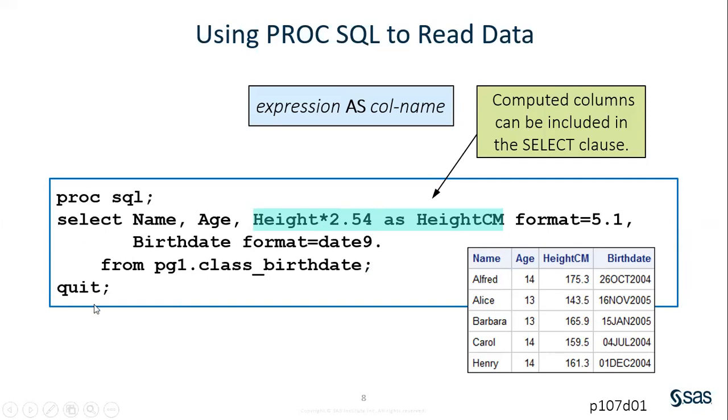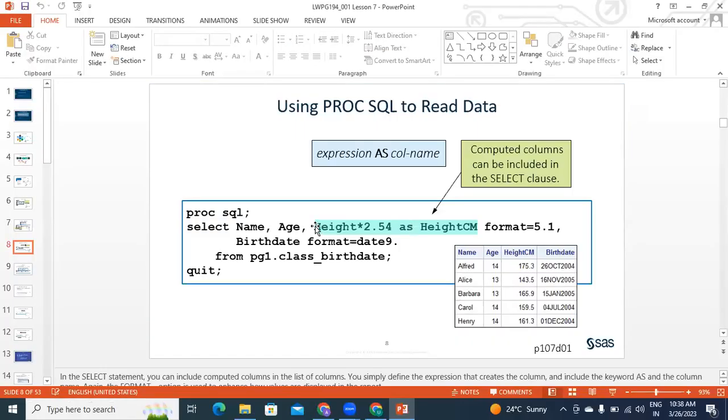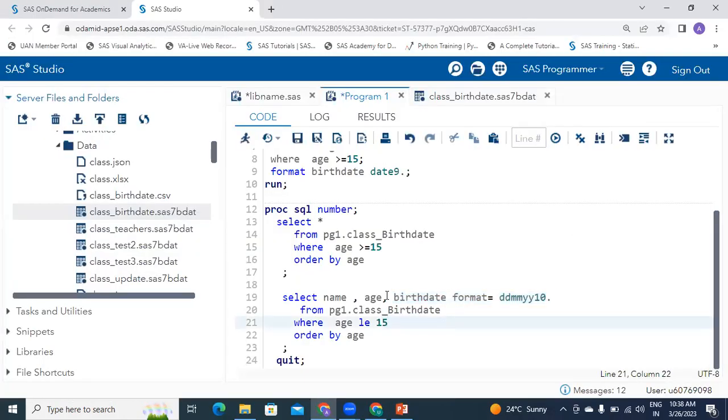But when you're writing a query on a table, you can express that expression within this query statement and give this new expression a column name with the AS keyword. Here I'm converting this height from inches to centimeters, so I can include this new column.